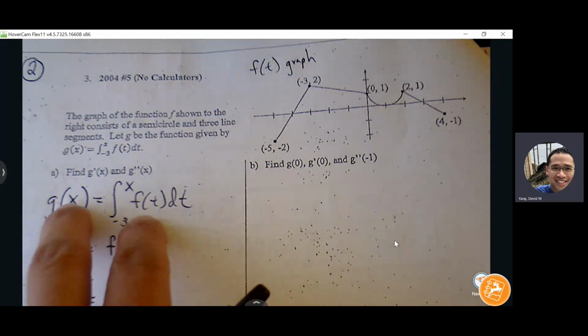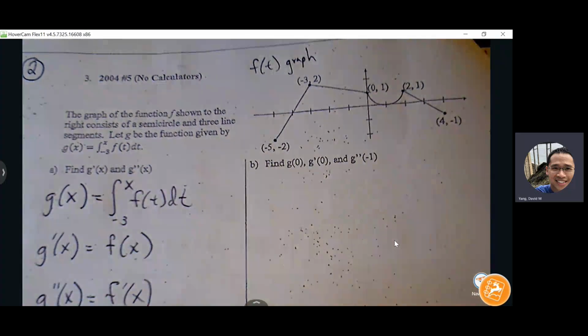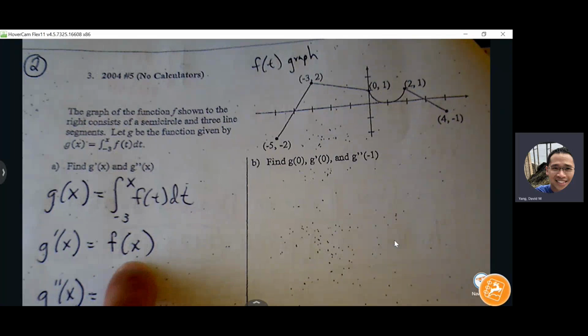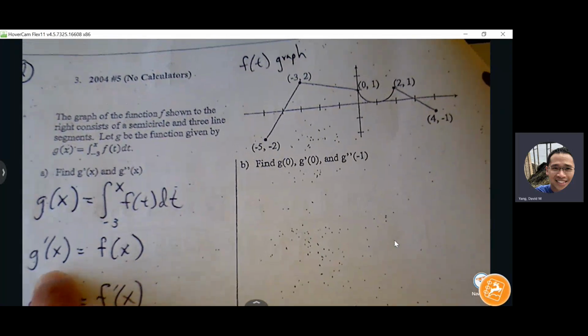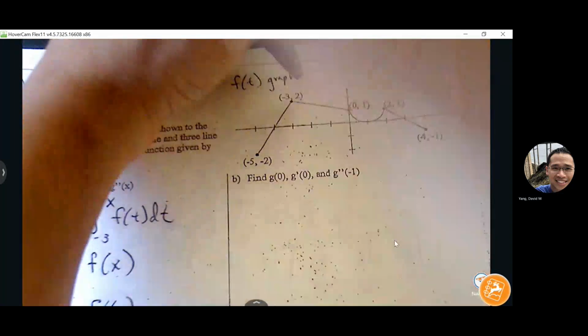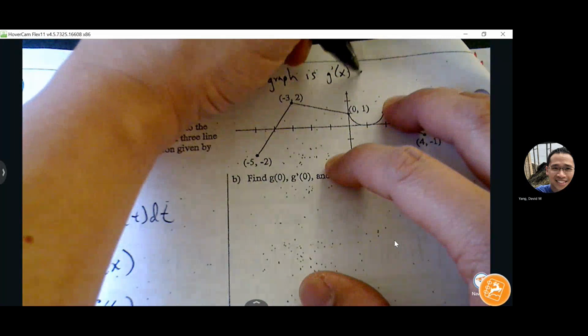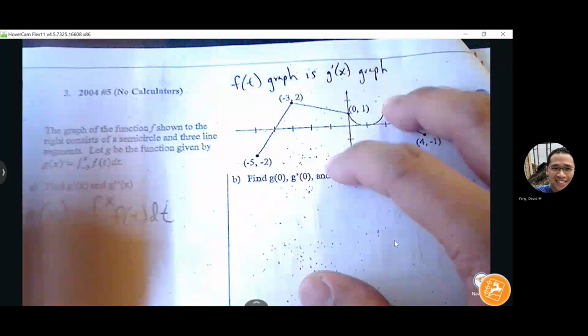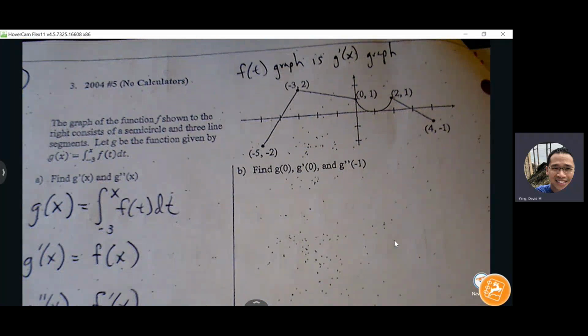If I do g prime, I have to bring it down 1 level, so it's the f of x graph. That means this f of x graph is the g prime graph. If you understand that, then you're looking at the derivative graph for g.